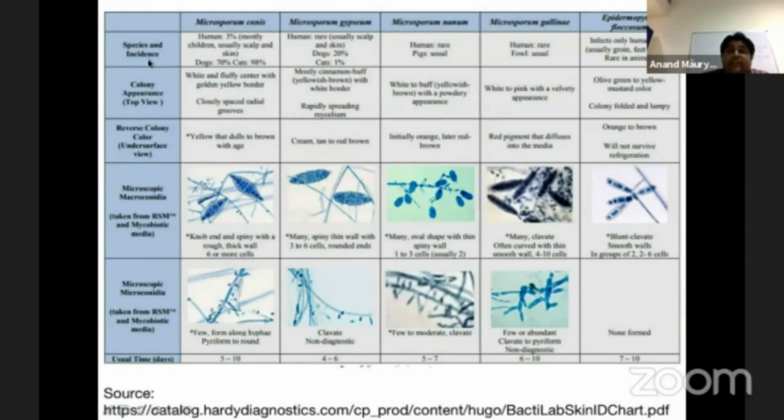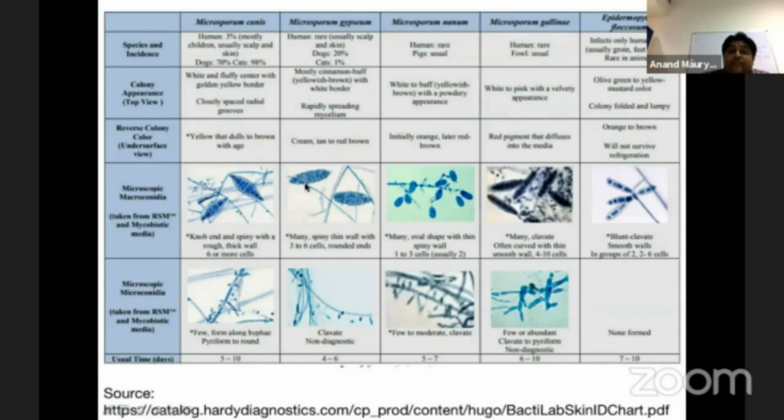So in this, there is a list of the dermatophytes. You can see the macroscopic presentation. In canis, there is a knob. It is spiny with a rough and thick wall, and on the reverse of the SDA you see yellow, dull to brown with age.